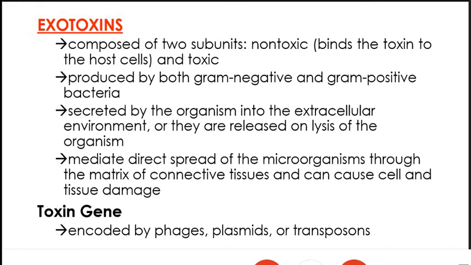These exotoxins can mediate direct spread of the microorganisms through the matrix of connective tissues and can cause cell and tissue damage. Now, the toxin gene is encoded by phages. If you remember our structure of the bacteria, we said that the plasmid is the gene that encodes the toxin.